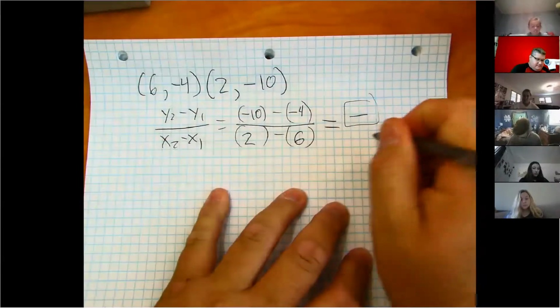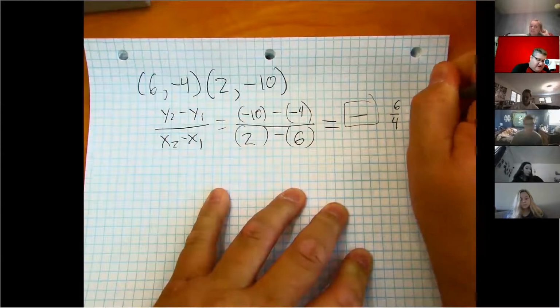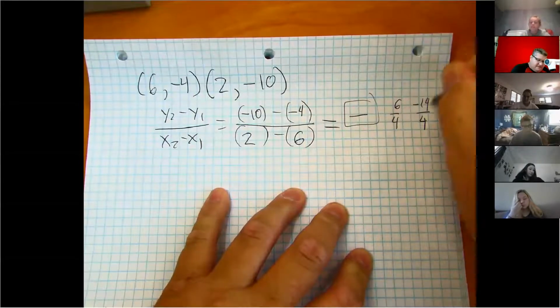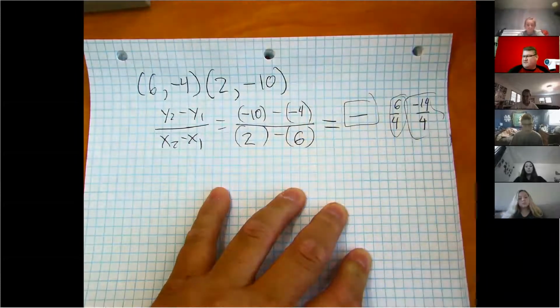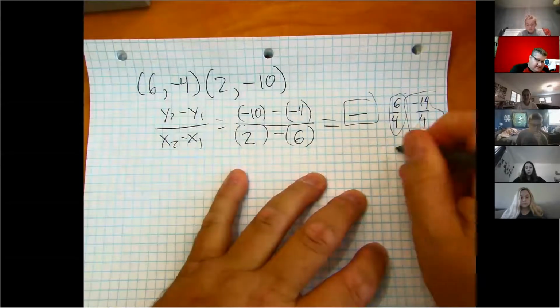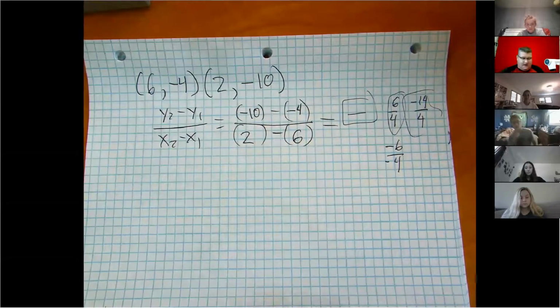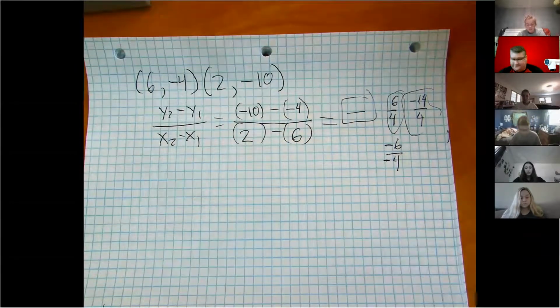Okay, 6 over 4. Somebody else says negative 14 over 4. So unfortunately, by the definition of math problems, somebody is right and somebody is wrong. Would somebody else like to include another potentially right or wrong answer? Negative 6 over negative 4, he thinks. Anybody else have a thought? I can tell you right now, all those answers are wrong.